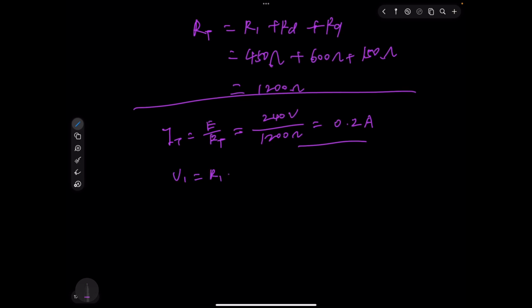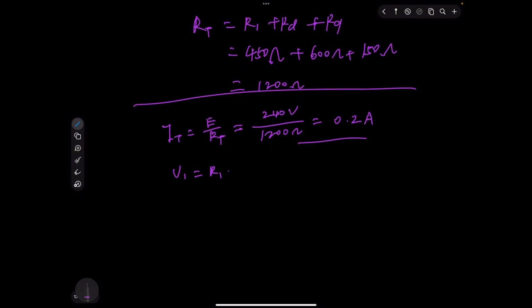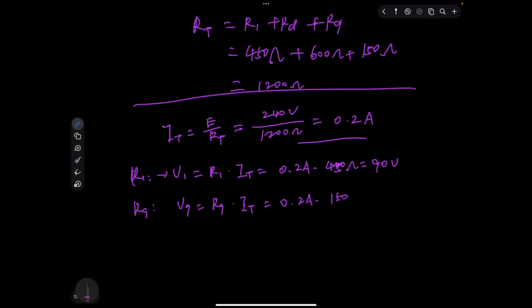Since R1 is on the main branch, its current is IT. So it's 0.2 amps times R1, which is 450 ohms, will give us 90 volts. Same thing, R9 is also on the main branch. So V9 equals R9 times IT equals 0.2 amps times 150 ohms, which is 30 volts.